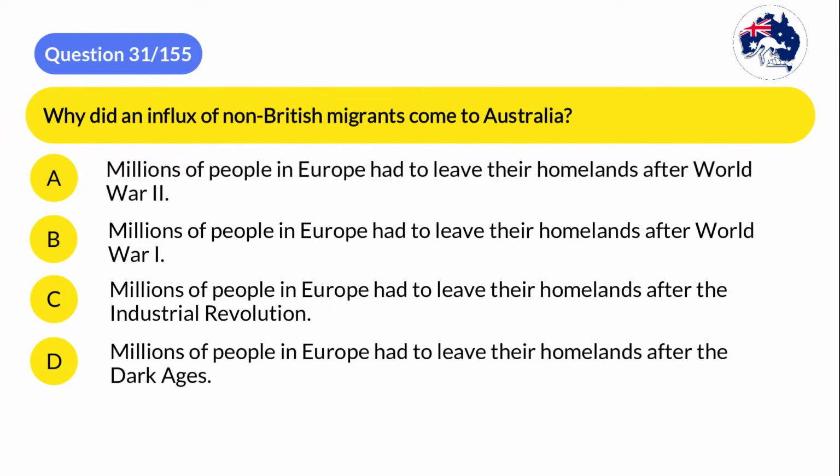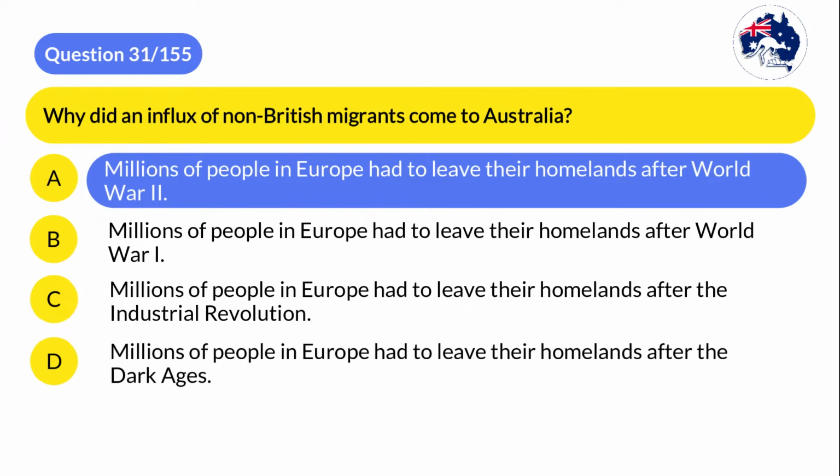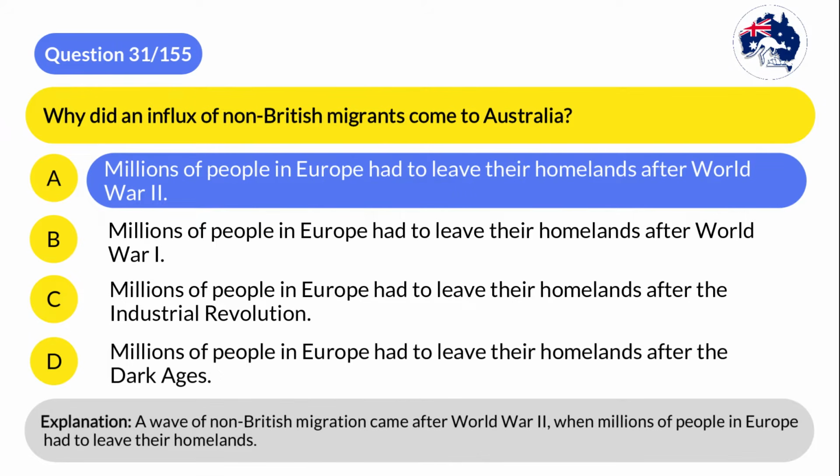D. Millions of people in Europe had to leave their homelands after the Dark Ages. The correct answer is A. Millions of people in Europe had to leave their homelands after World War II. Explanation: a wave of non-British migration came after World War II, when millions of people in Europe had to leave their homelands.